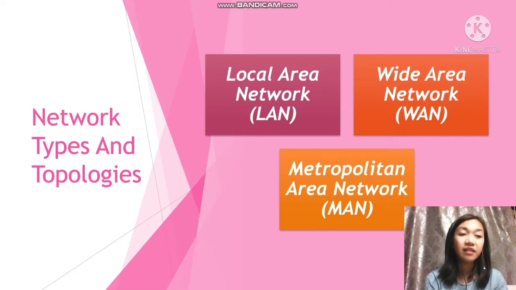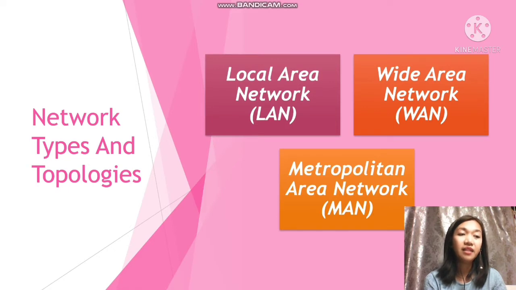The internet is the best known example of a public WAN. And next is the metropolitan area network, known as MAN. This consists of a computer network across an entire city, college campus, or small region.